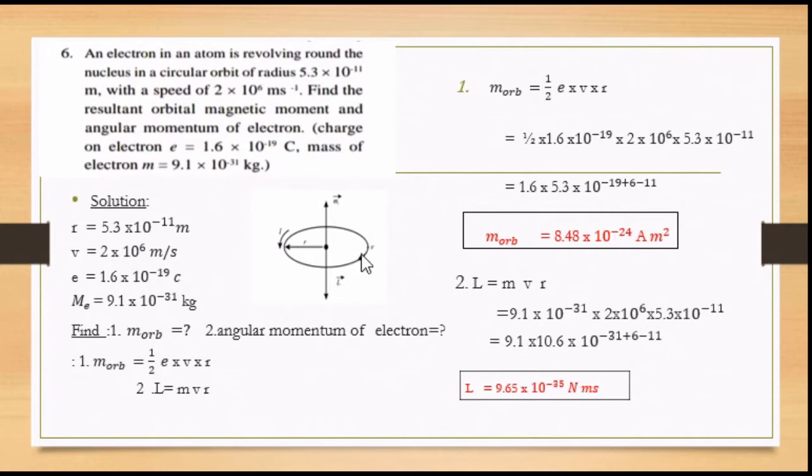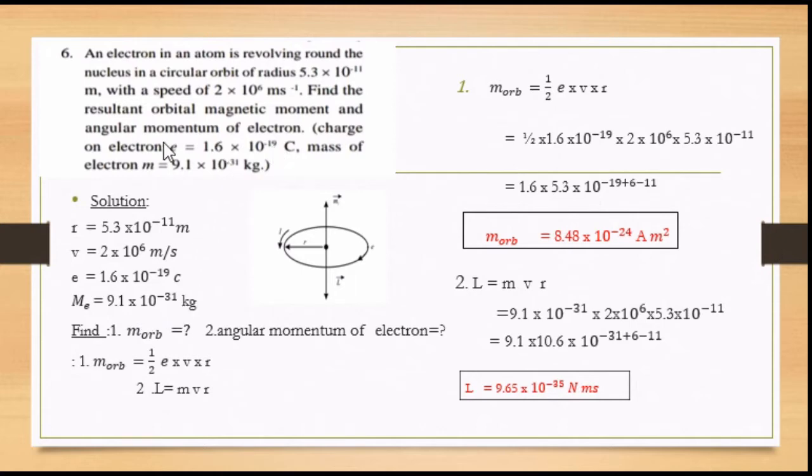Then the orbital velocity, that is the velocity of the electron in its orbit, is also given to you: 2 × 10^6 meter per second. Again, the charge on electron is 1.6 × 10^-19 coulomb, and the mass of the electron is 9.1 × 10^-31 kg, also given to you.